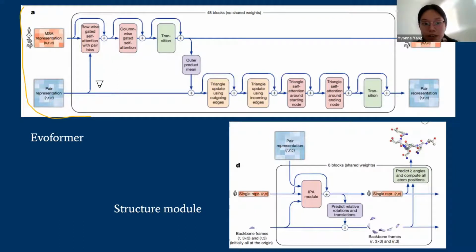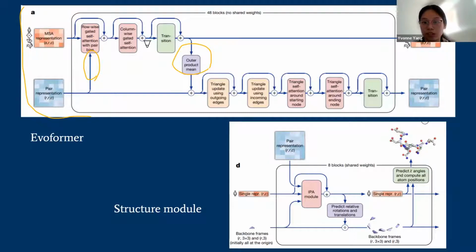And then there are some interactions here. For example, this pair representation arrow going into the row-wise attention, and then this outer product mean going backwards to the pair representation. So essentially you have these two information sources influencing each other, and making the model better in this iterative process of relating back to each other and solving the contradictions.